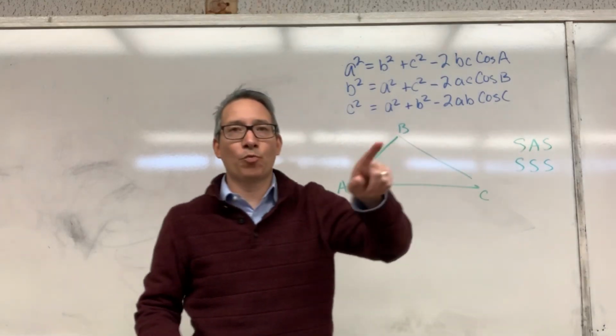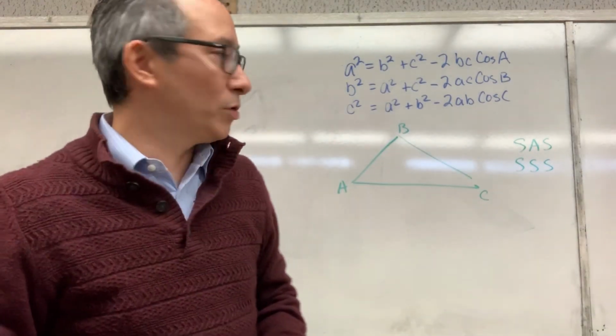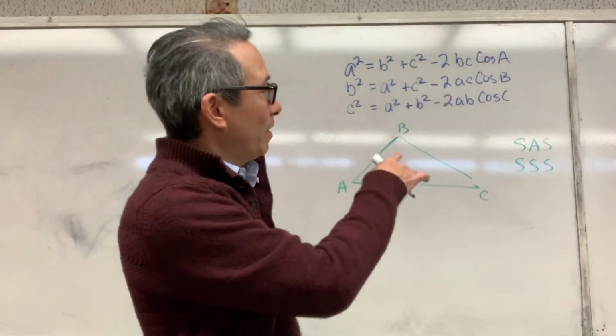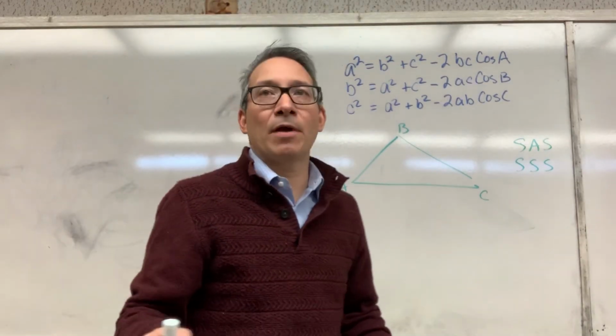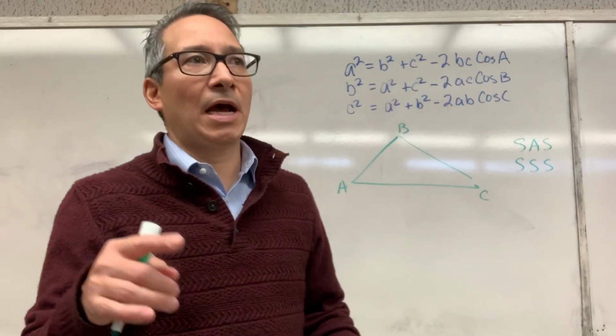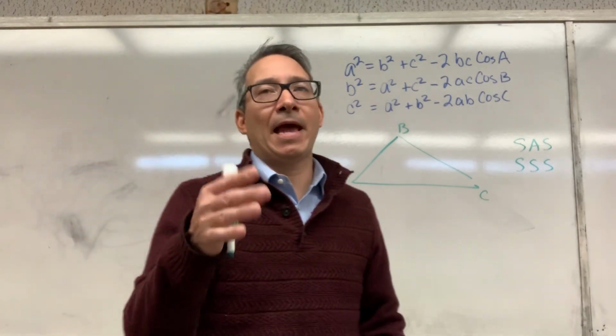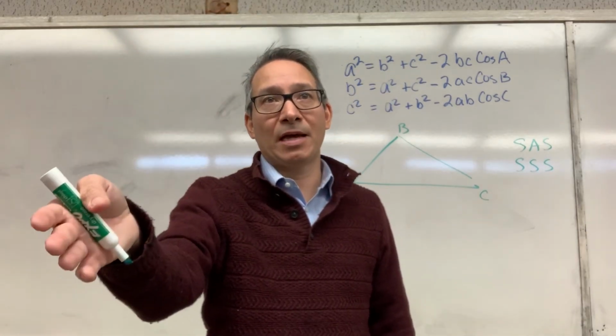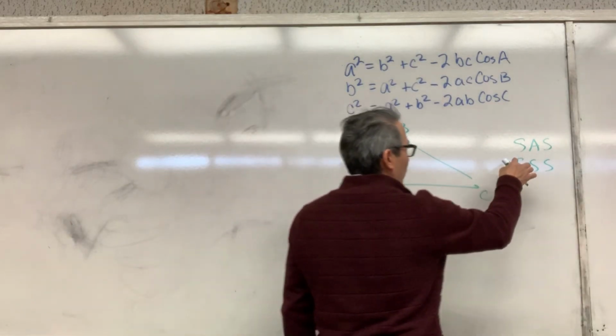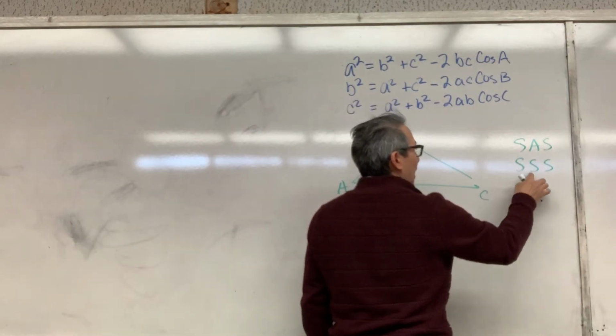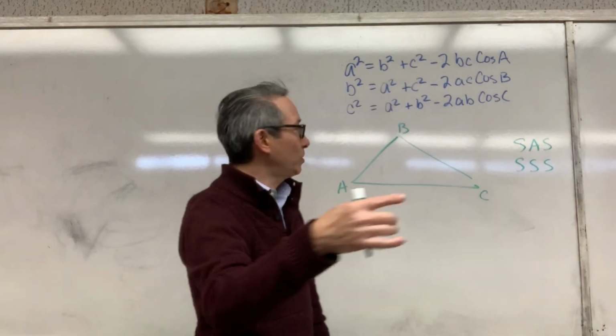If you're given those parameters, you have to use the law of cosines. Otherwise, if you're given any of the other parameters like angle, angle, side, or angle, side, angle, or even side, side, angle, you would have to use the law of sines. But given side, angle, side or side, side, side, you would have to use the law of cosines.